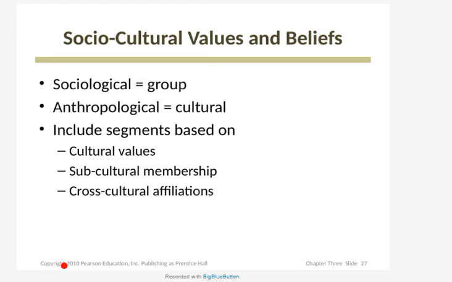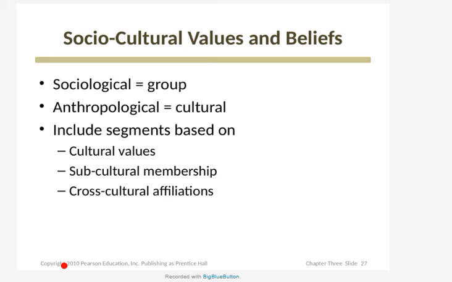Also, we have here the socio-cultural values and beliefs. This is the final one. The cultural values such as fitness and health, and also subcultural values. For example, in the United States there are subcultures, if they are Hispanic or Asian Americans or African Americans.